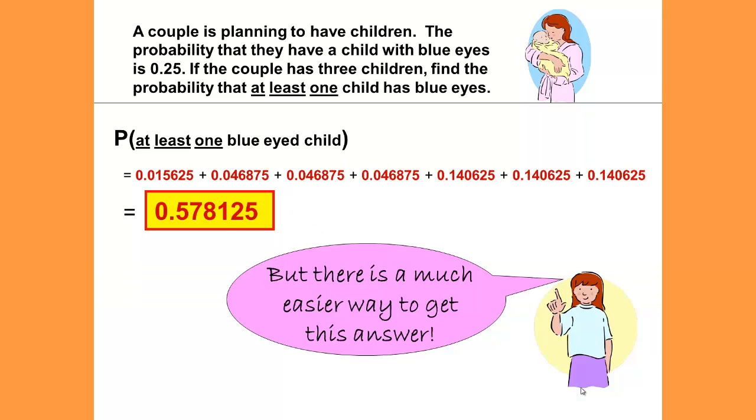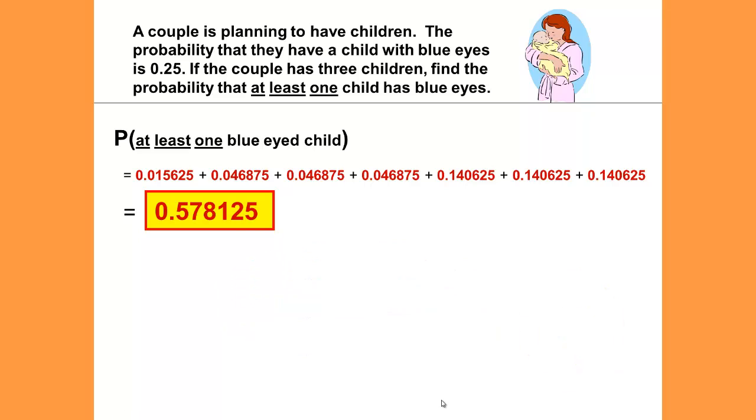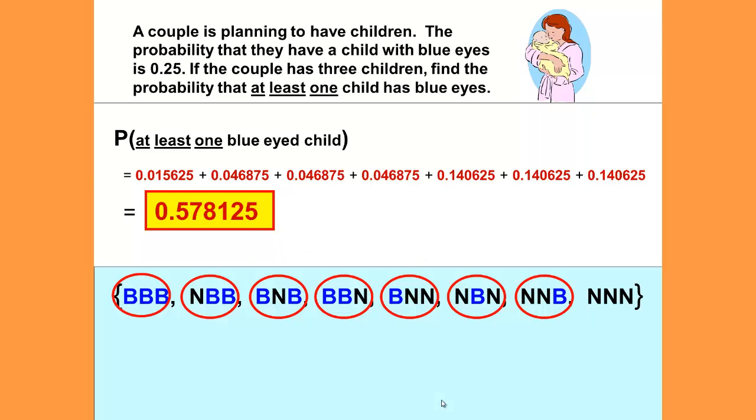You can see that even this, as small as it is, is a cumbersome way to do it. But there is a much easier way to get this answer, and aren't we glad? We can use the complement of at least one. Notice that as we look back at our sample space, we circled all but one of the families.